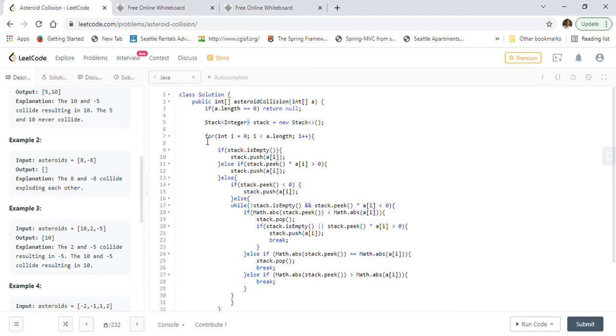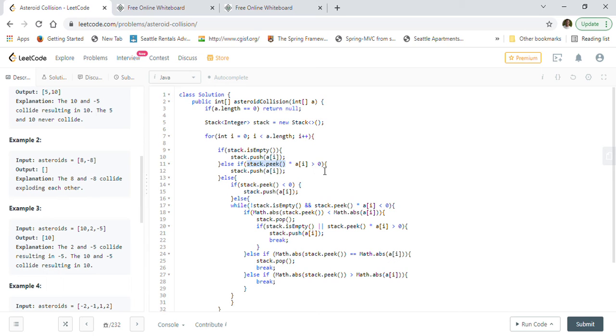After that I just created a stack of integers, and I am iterating through the array, one element at a time. And here first we are checking if the stack is empty, then we will always put the first element into the stack. And then for the next subsequent elements, we will peek the stack, so we will always go to the top of the stack, and we will multiply it with the current element.